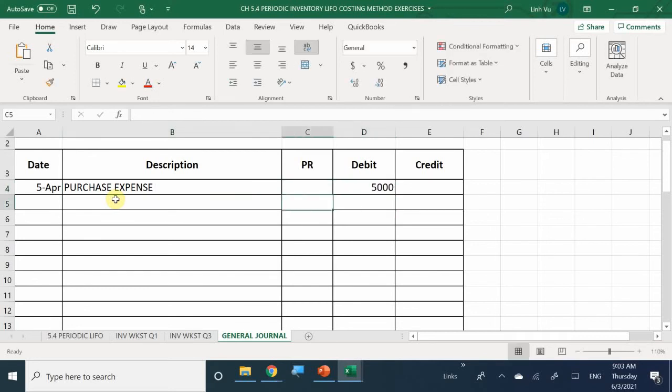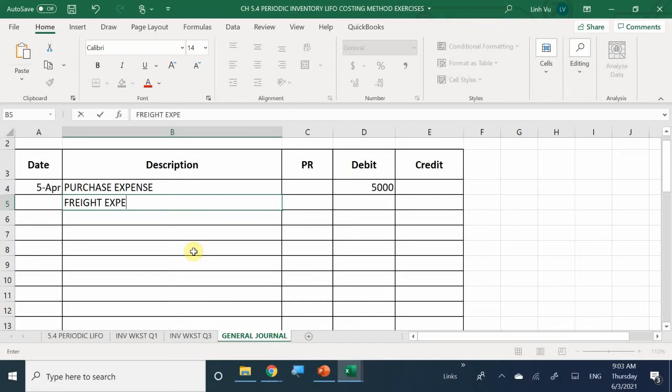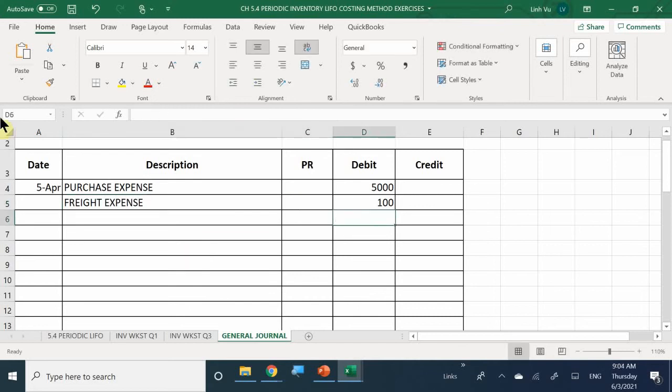And then debit freight for $100. And Accounts payable credit for $5,100.